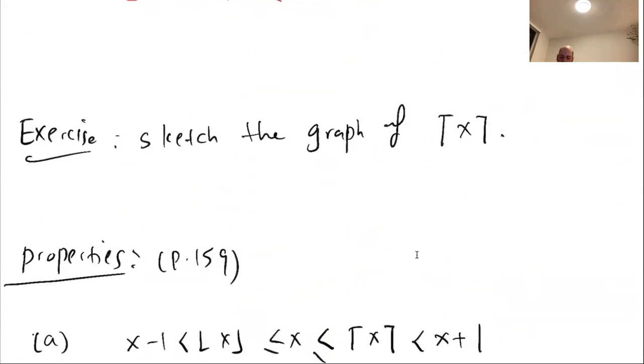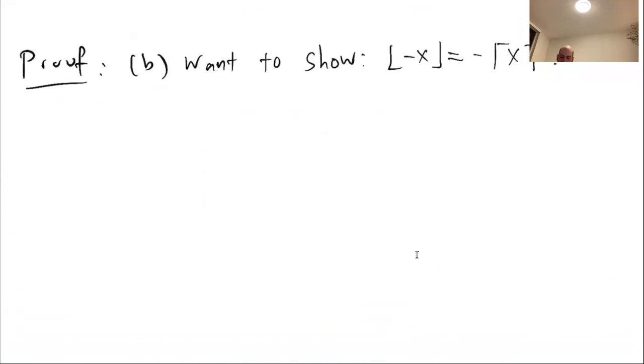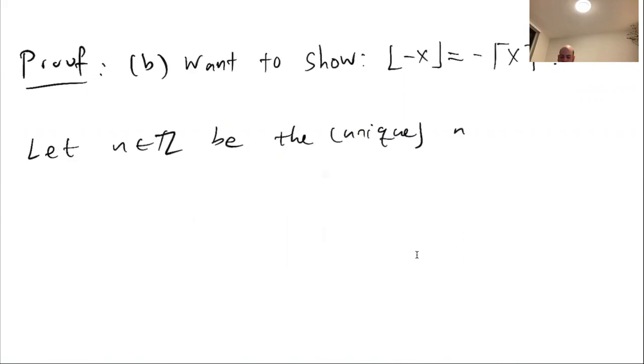So let N in Z be the unique number. So there is only one number with this property, right? Let N be the unique number such that X is bigger than or equal to N, less than N plus 1.